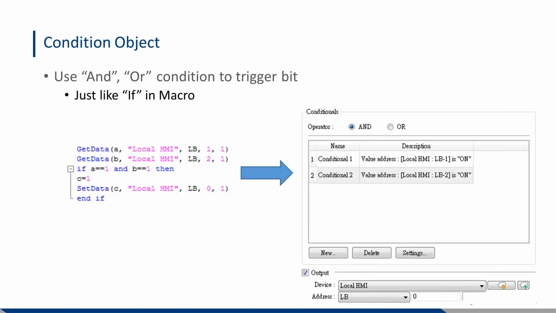So you can choose the operator as AND or OR, and you can add any condition you want to put in the condition object. Then for the output, you can trigger a bit.